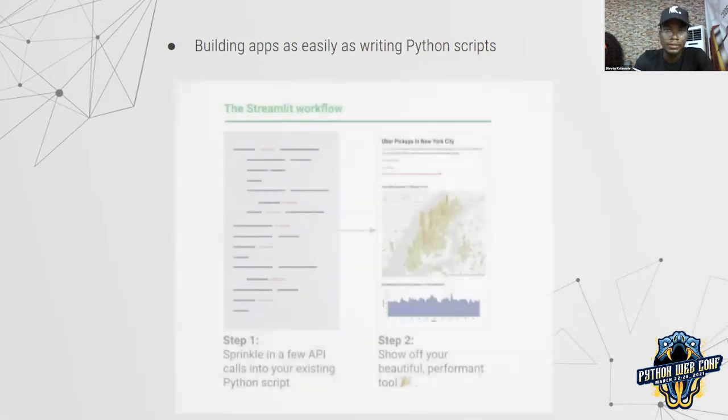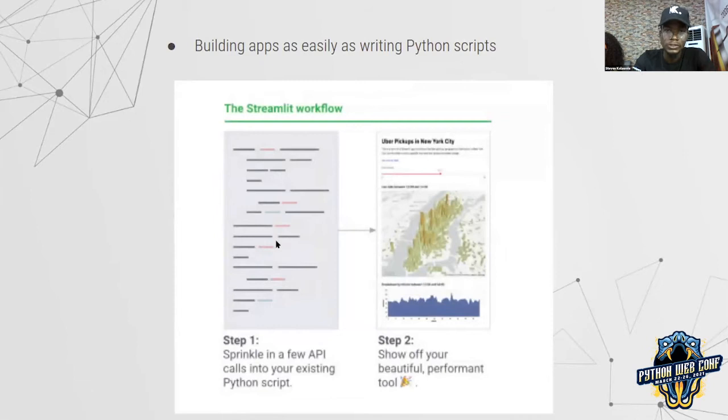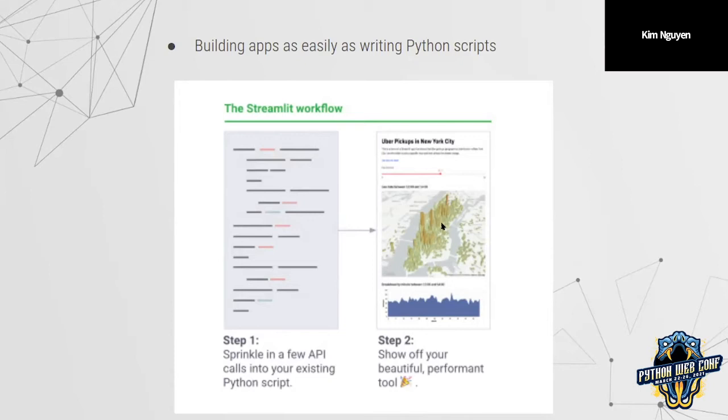For example, you have a Python script, and then you just sprinkle a few Streamlit functions into your existing script, and off you go, and your app will be ready for you in your browser. It sounds too good to be true, but I will do a demonstration later on, so you'll get to see how it works.